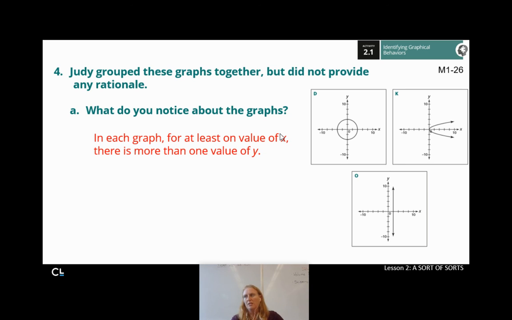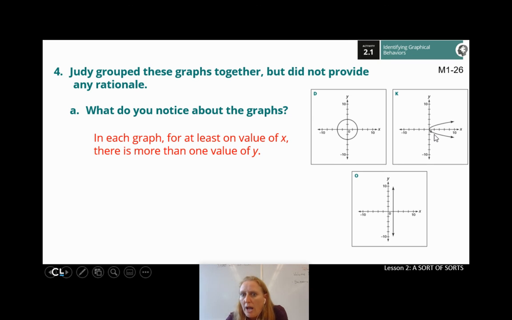For example, let's see if I can explain this a little better. If I were to pick the number 2 on my X-axis, here's the number 2 on my X-axis. I have a positive Y value and a negative Y value. There's more than one Y value here. If I go to 2 on my X-axis here, same thing. I have a positive Y value and a negative Y value.